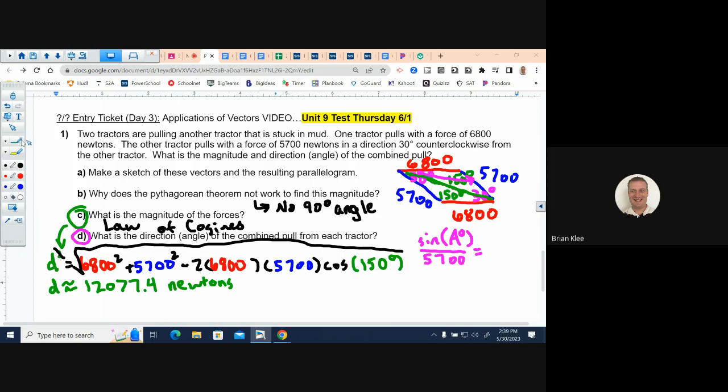And that has to equal the only other pair of side and angle I have, the sine of 150 goes with that 12,077.4 that we just found. So I can crunch that. I can break this up into steps. I can also do a whole bunch at once. It's just how comfortable you are with things.